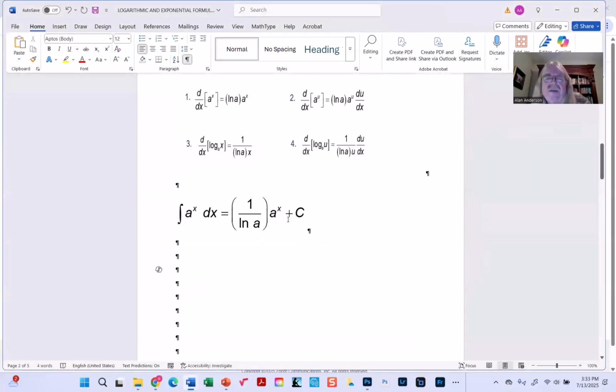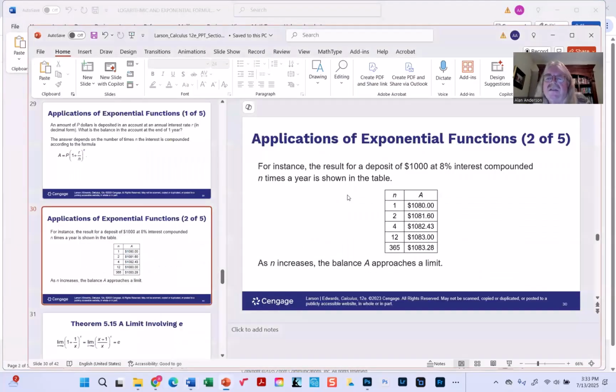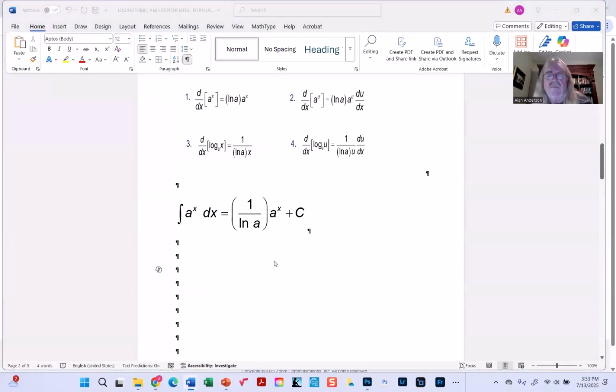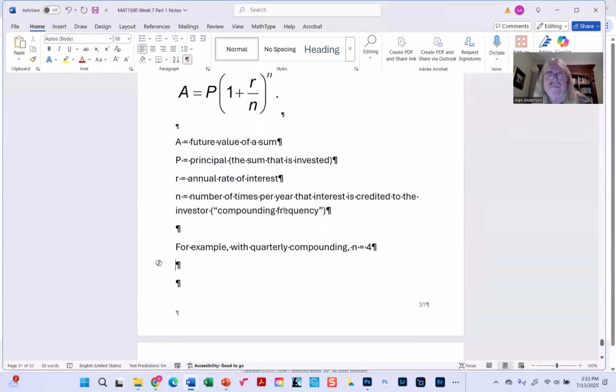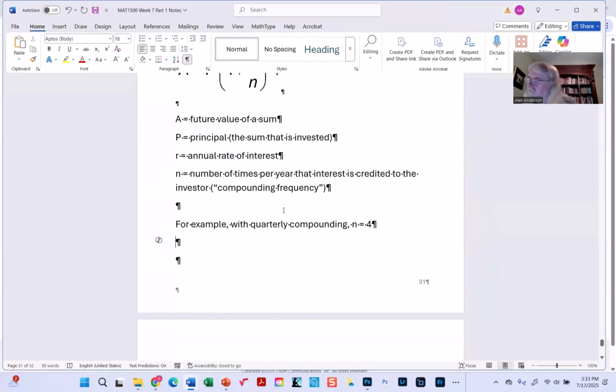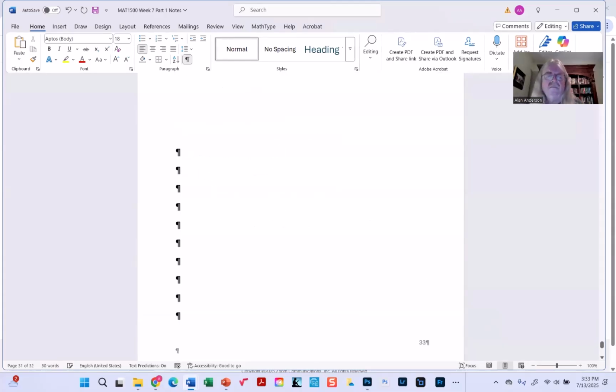So I think they probably have a bunch of examples here. Yes. So here's one. Let's do one or two of them, just to get some practice. We start with $1,000 at 8%. All right. So again, P is 1,000.